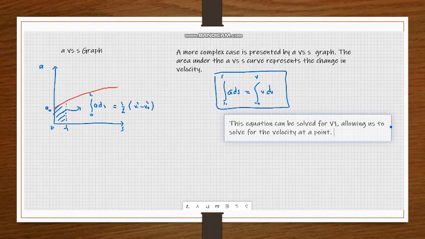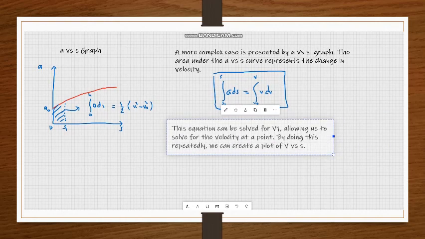By doing this repeatedly, we can create a plot of velocity versus position.